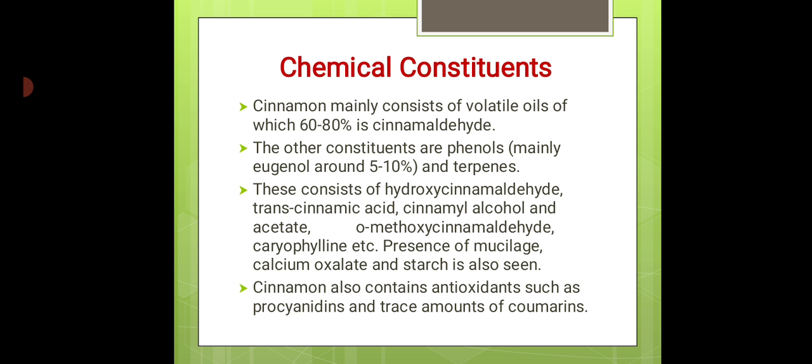This consists of hydroxycinnamaldehyde, trans-cinnamic acid, cinnamyl alcohol and acetate, then O-methoxycinnamaldehyde, caryophyllene, etc. Presence of mucilage, calcium oxalate and starch is also seen. Cinnamon also contains antioxidants such as procyanidins and trace amounts of coumarins.